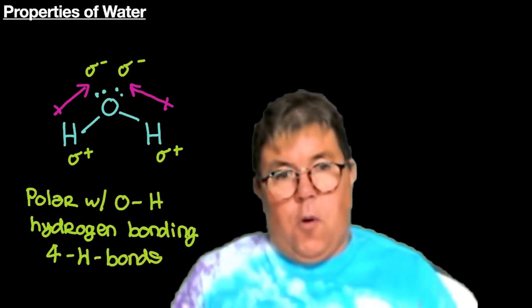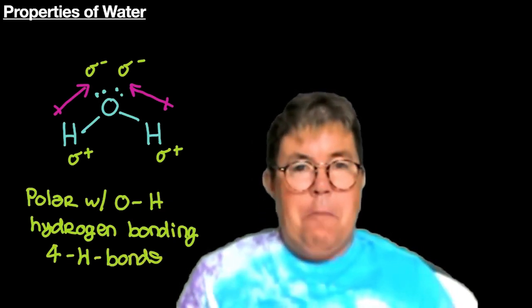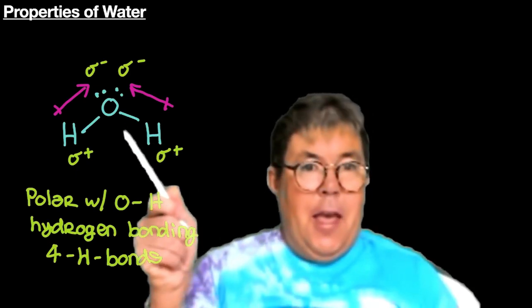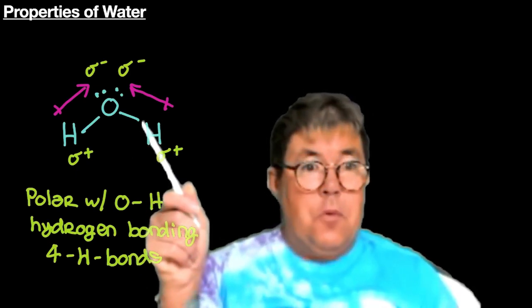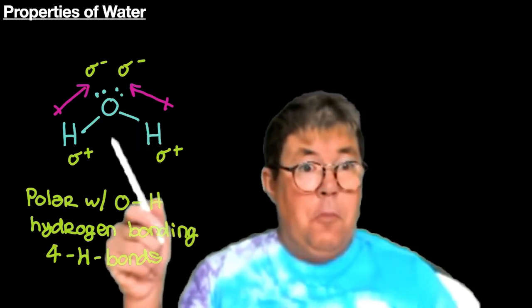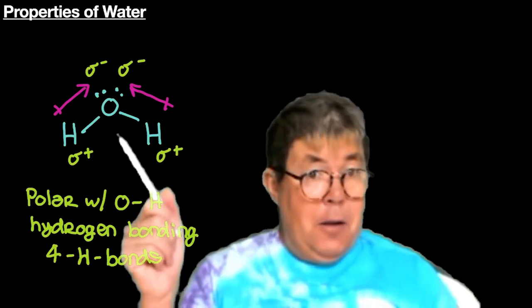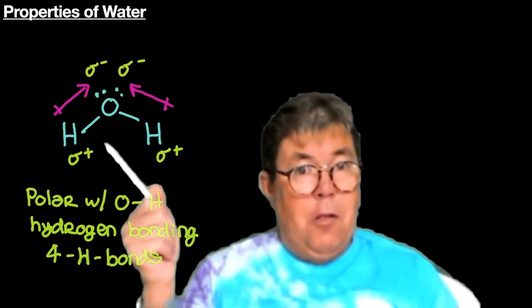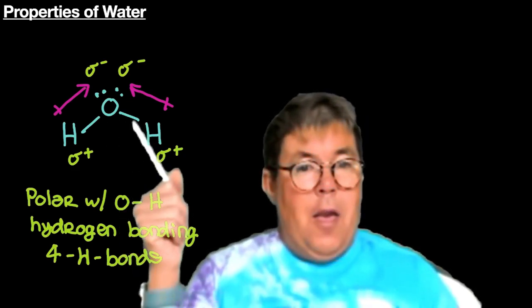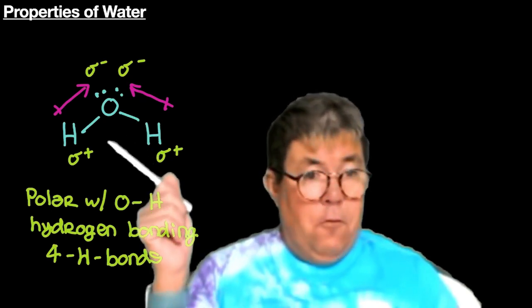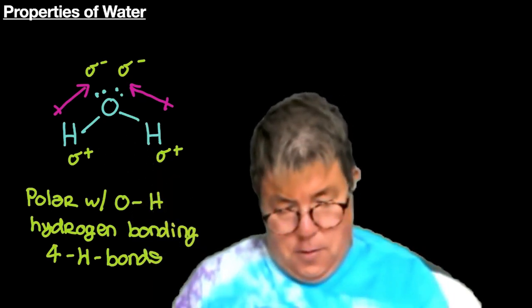Because water can form four hydrogen bonds, it has very unique properties. There are many other molecules that form hydrogen bonds, but there is no other molecule that is this small and capable of having four hydrogen bonds.